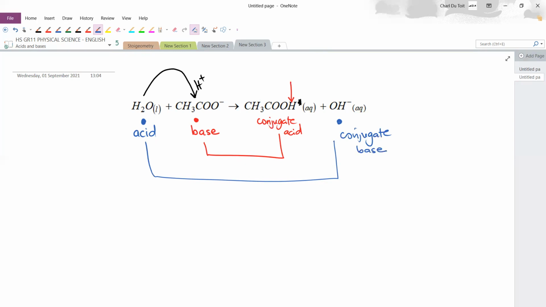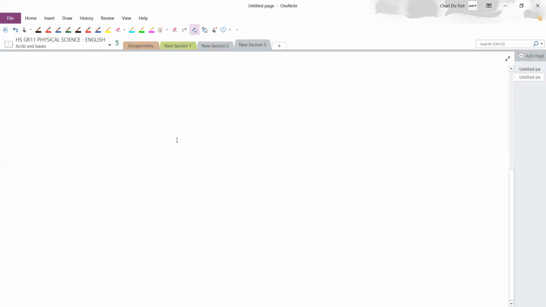Very important, it's extremely important. An acid loses a proton, it gives it away, and the one that receives the proton is a base. Let's do another one. This is very important theory. It's supposed to be 3 marks because it's not difficult. I'll show you how I do it. It's very easy actually if you do it this way.